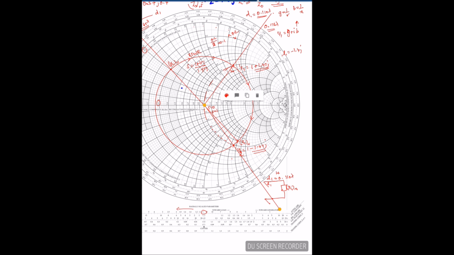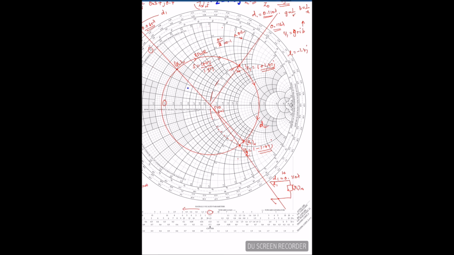Okay, so this is my y2. So from the yl of n I can move all the way to the g equal to 1 circle, so that the real part becomes 1. This distance is called d2.